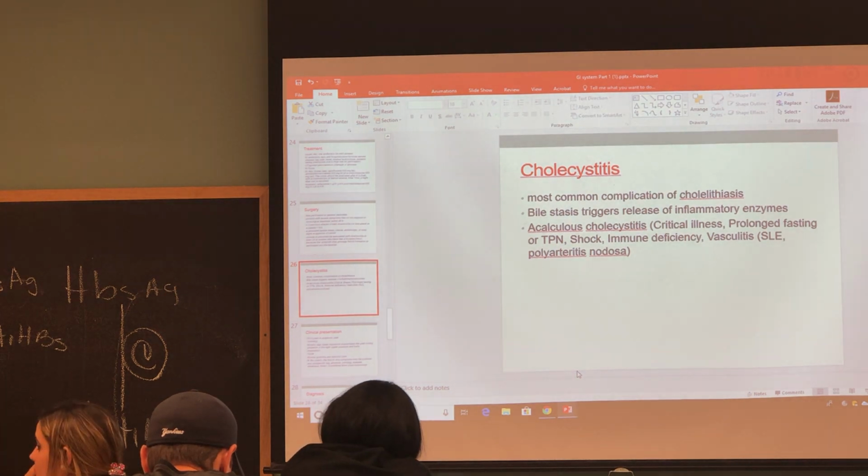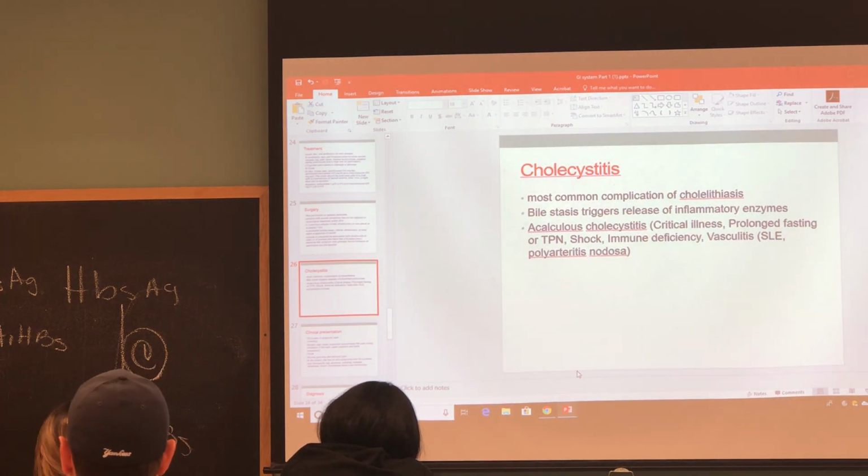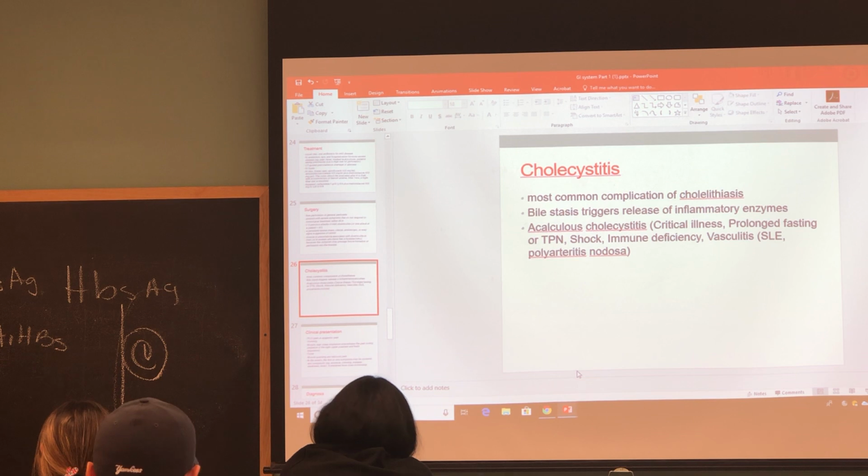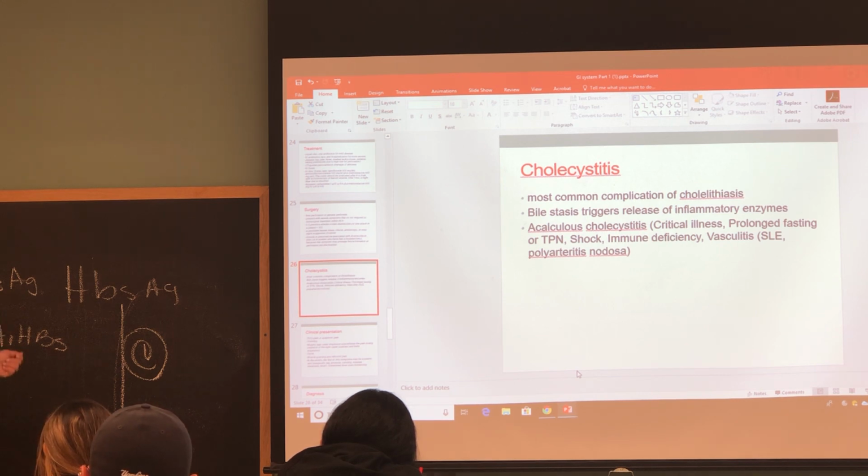That's for calculous. For acalculous cholecystitis, an obstruction of the common duct in patients that are critically ill, that you do an ultrasound or a CT abdomen and you find no calculi, is highly prevalent due to ischemia of the gallbladder by a prior hypovolemic or hypotensive episode. Okay?